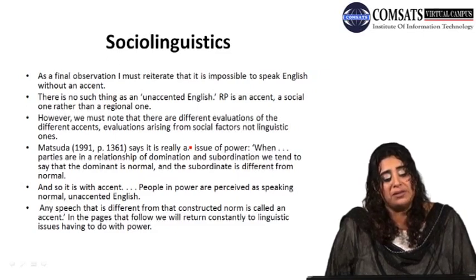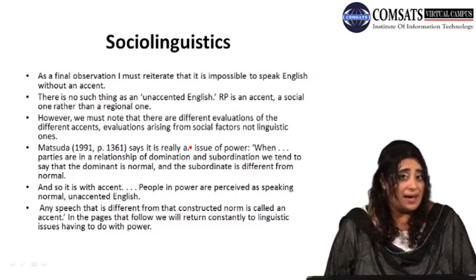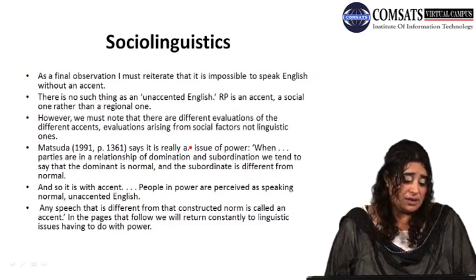When parties are in a relationship of domination and subordination, we tend to say that the dominant is normal and the subordinate is different from the normal. And so it is with accent. People in power are perceived as speaking normal, unaccented English.